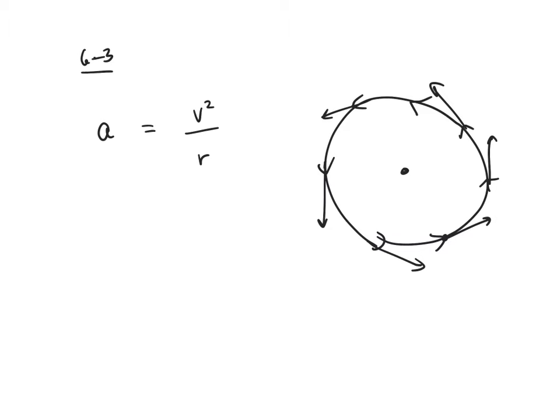Remember, a comes about from either a change in speed or a change in direction of the speed. That's why when the question is asked on an AP exam traditionally, what things can accelerate or decelerate a car? What parts of the car could cause acceleration or deceleration?